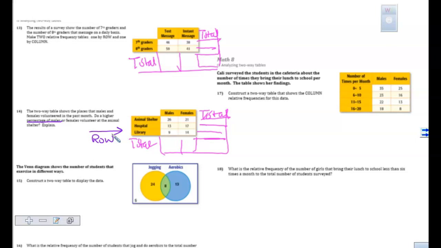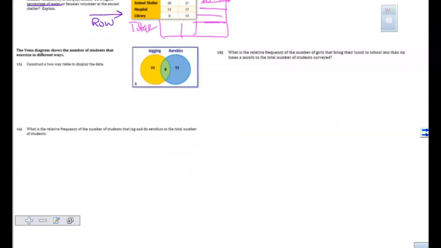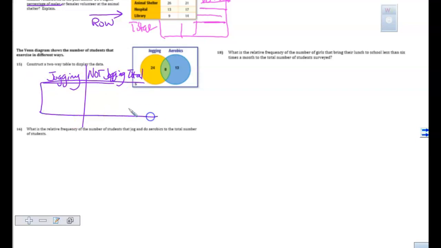So here it says, once I have this Venn diagram, make a two-way table. So the question is, what do I need to put for my category? If you go with jogging up here, then this is going to be not jogging. And you're going to have your total behind that. If I look at my other category, I have aerobics, and then non-aerobics.